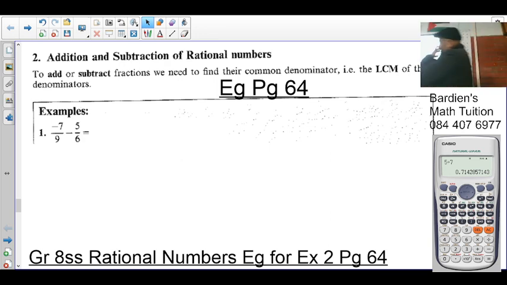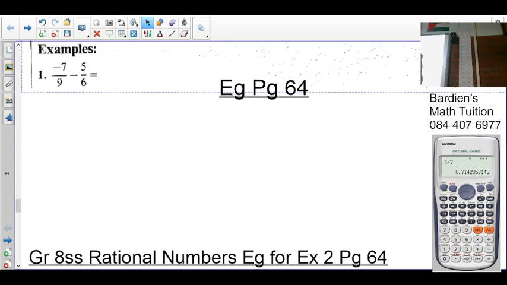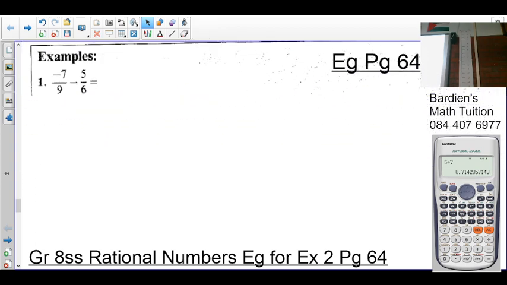All right. So let's look at example 1, and this is on page 64. Here we are told we've got negative 7 over 9 minus 5 over 6. So what do we do first? Find an LCM. And what's my LCM here?